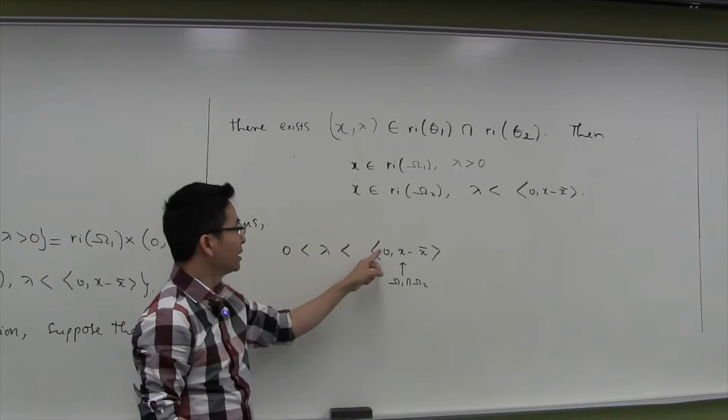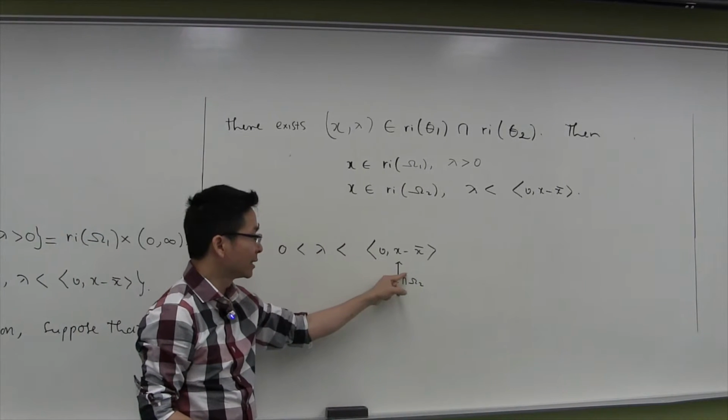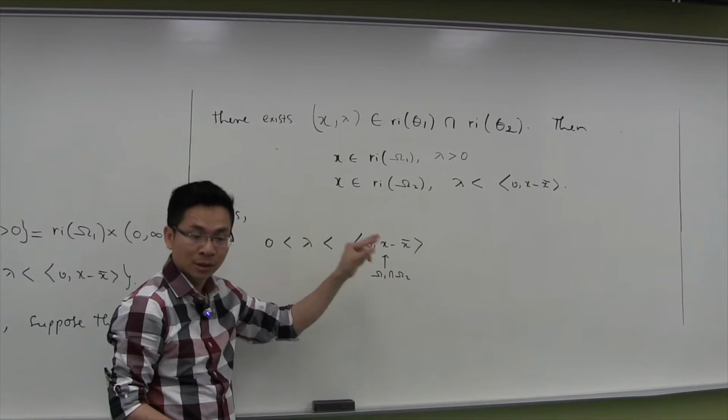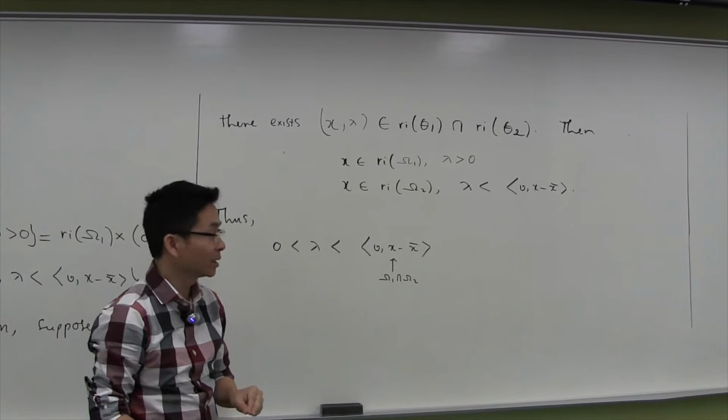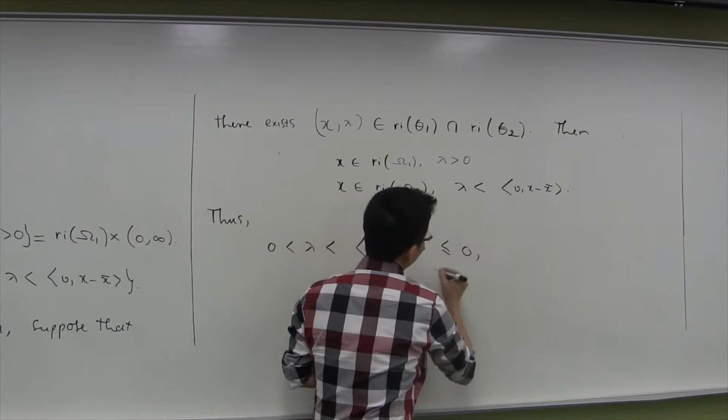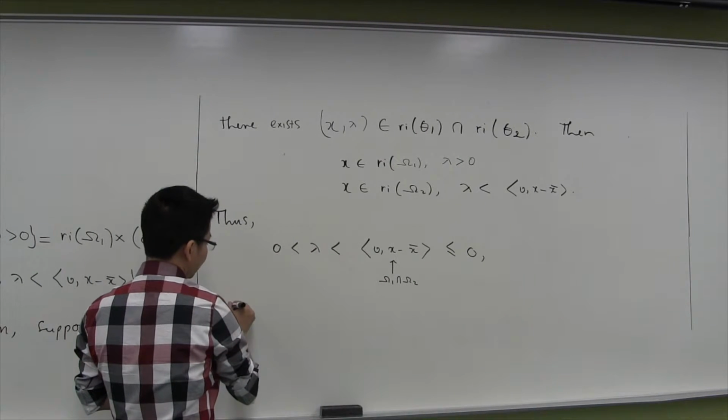And here v is in the normal cone to the intersection of omega 1 and omega 2. So by the property written at the beginning of the proof, we have that this is less than or equal to 0, which is a contradiction.